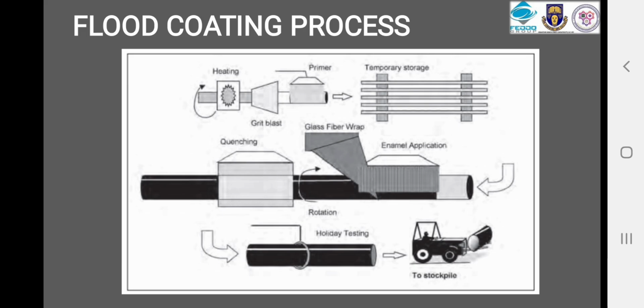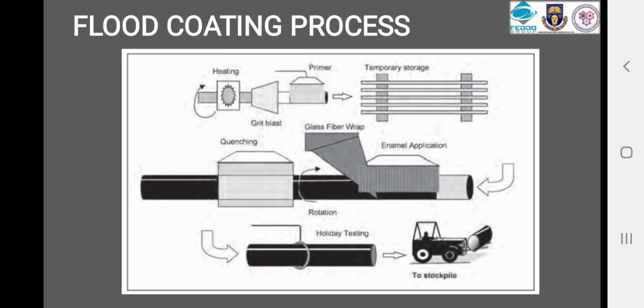Then the pipeline is quenched inside of it. And while that quenching takes place, it is then extruded out of the quenchant, then heated to ensure that a uniform thickness is maintained. These are the illustrations of how this is done.